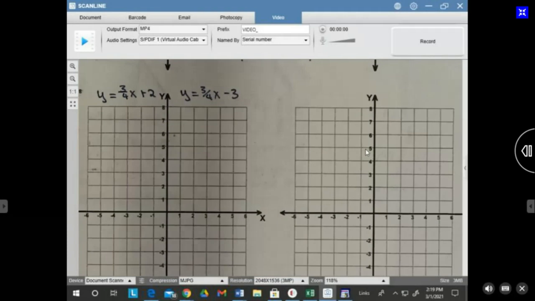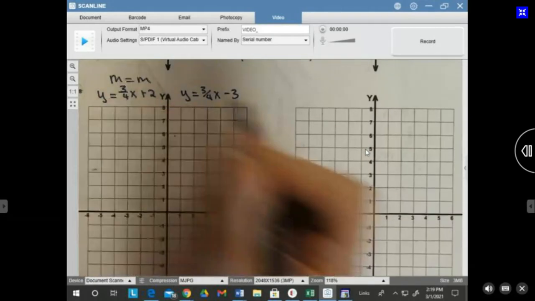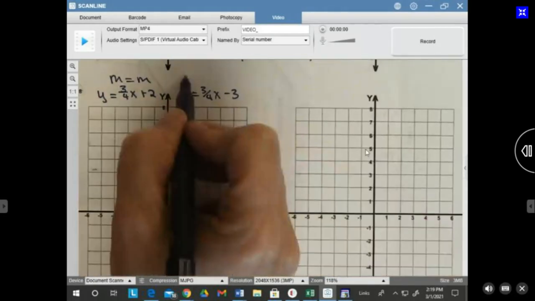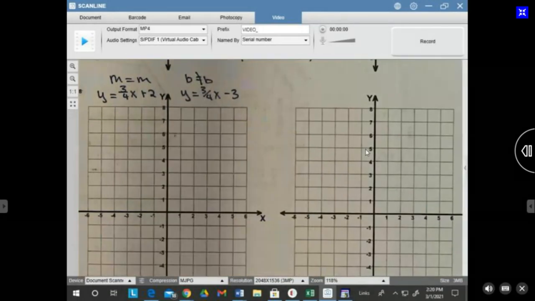How many solutions should we get? None. Why none? Because the slopes are the same, but my y-intercepts are different, a 2 and a 3. If my slopes are the same but the y-intercept is different, it's going to be no solution.